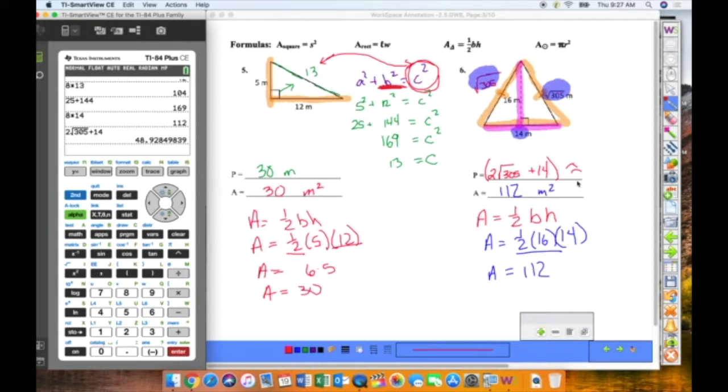And rounding that to the nearest tenth, remember we look at the number to the right of that one spot over, and if it's 5 or larger, we'll round this up. If it's less, we'll keep it the same. So that's approximately 48.9 meters. So my bad on totally forgetting to finish that problem right there.